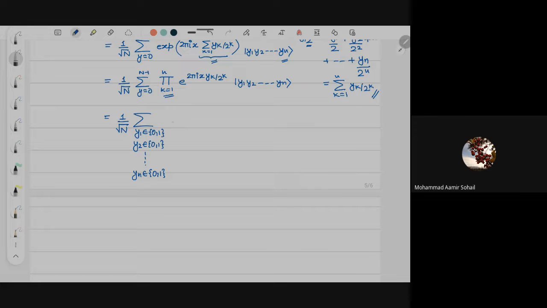And this will be just the product over k equals 1 to n of e raised to 2 pi i x yk by 2 raised to k, and we have y1 tensored with y2 and all of those tensored with yn.